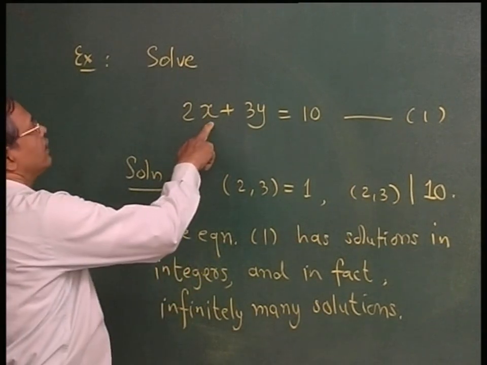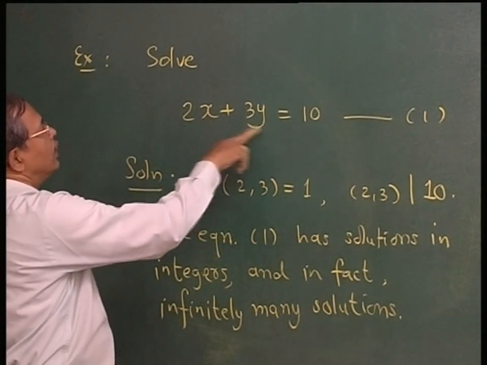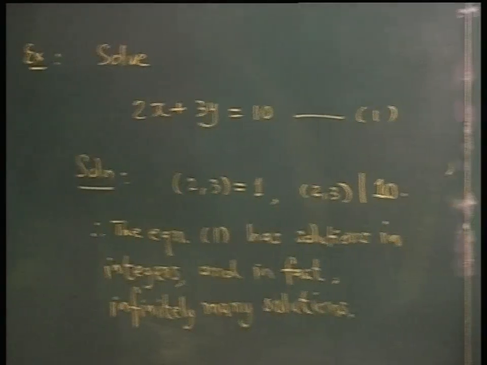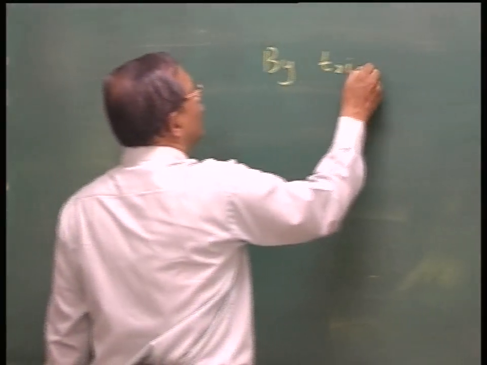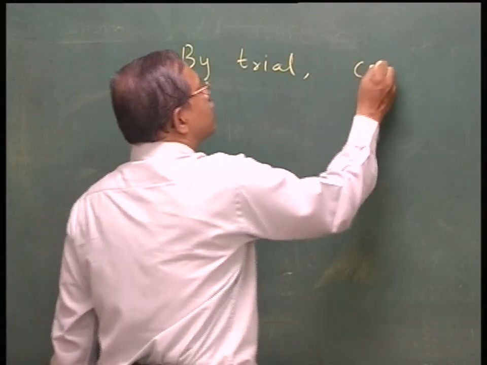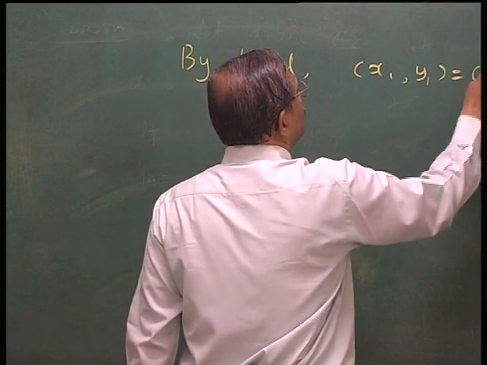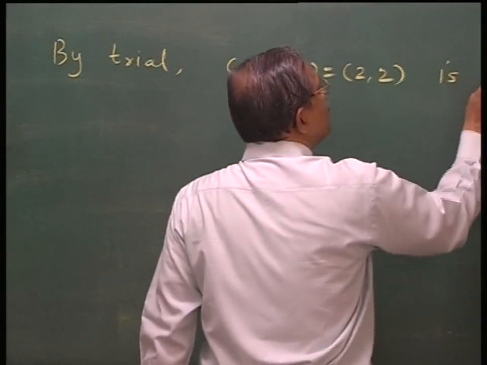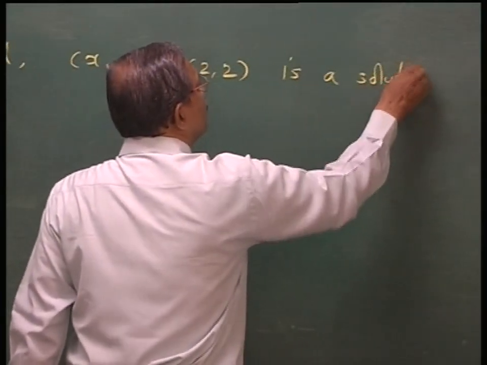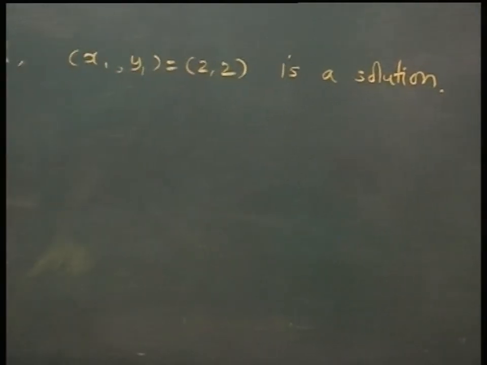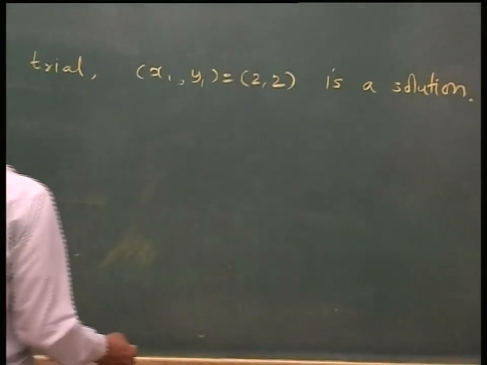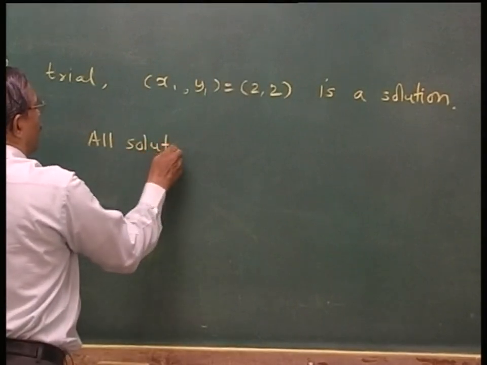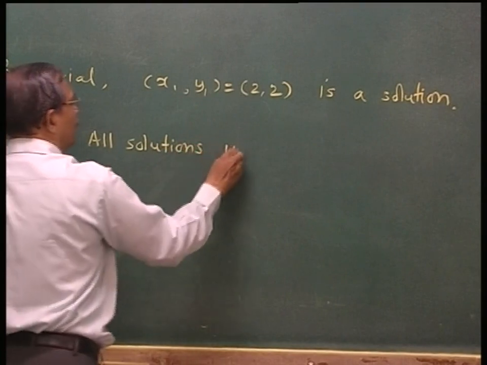So here you can get a solution by trial, x equal to 2 and y equal to 2, that's a solution. So by trial x1 y1 equal to 2, 2 is a solution. And so you get all solutions. These are solutions in integers.